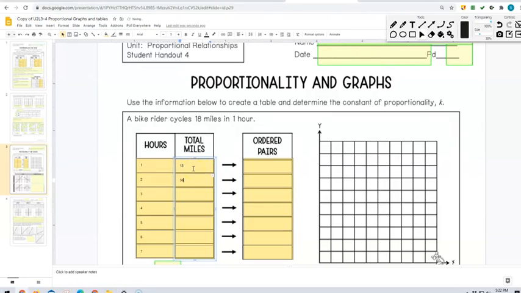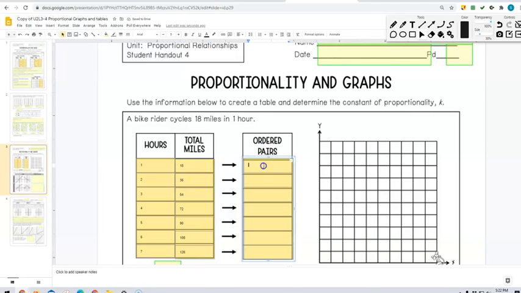And then 2 is 36. And then it's going to be 3 times 18. So we have 54. Then we have 72. Then we have 5 times 18 is 90. Then we have 108. And then we get 126.